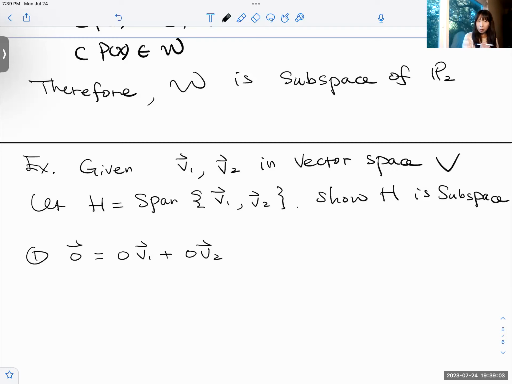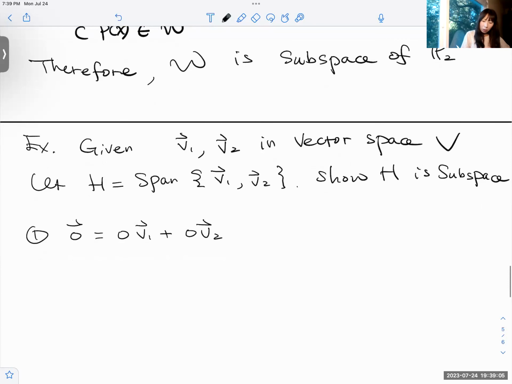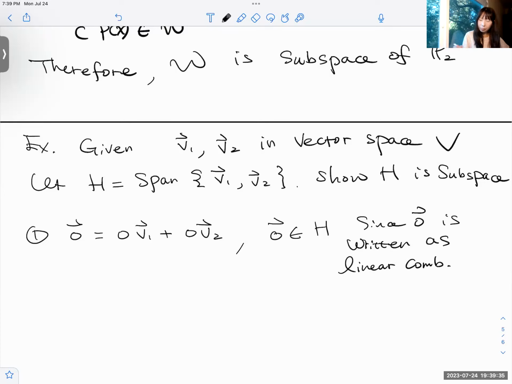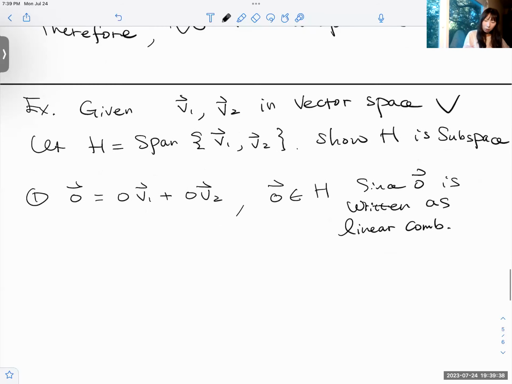Yeah, we can express it this way. So this can be written as a linear combination. 0 is in H, right? Since 0 is written as a linear combination.